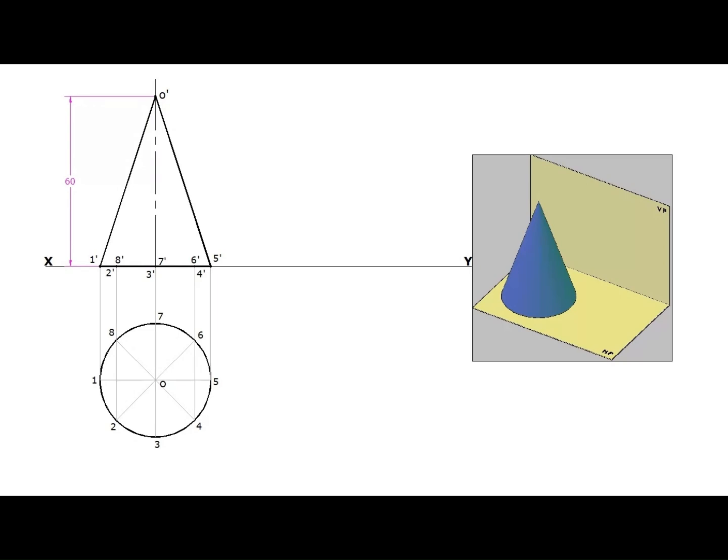The base is given as 60 degrees inclined to the HP. So the elevation, which we have drawn in the first stage, should be tilted for the given angle.